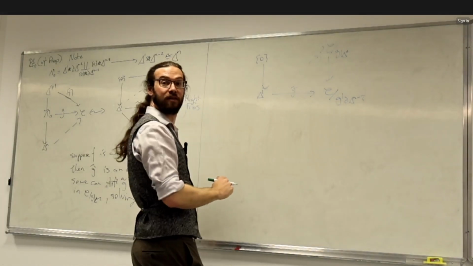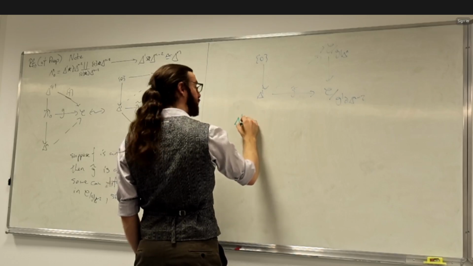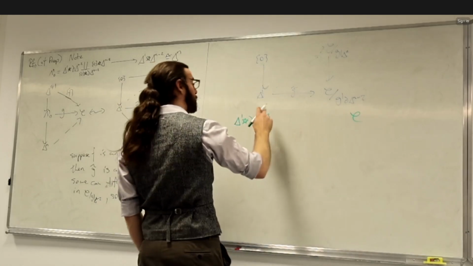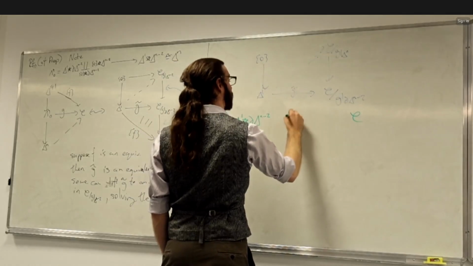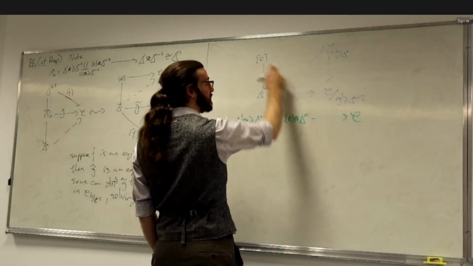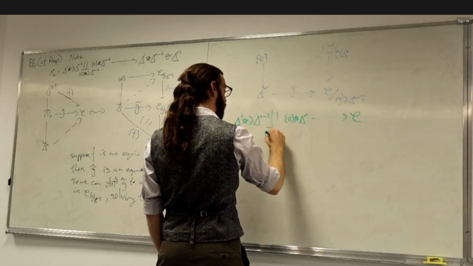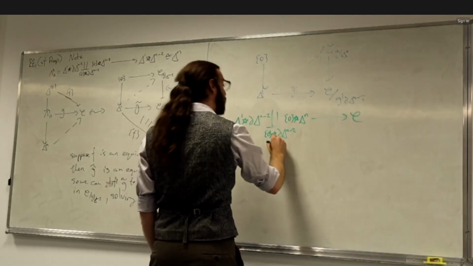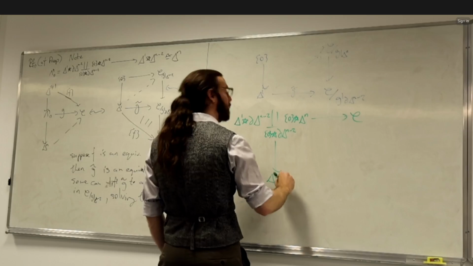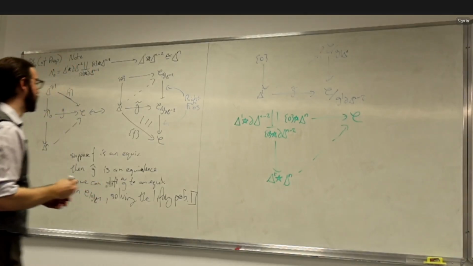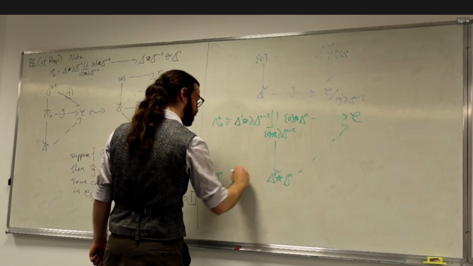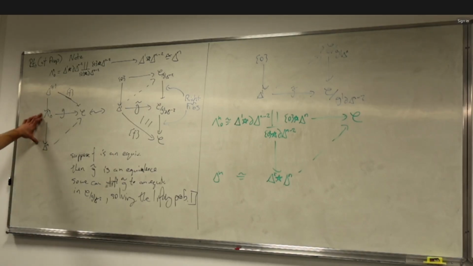A map from here to here is the same thing as a map from delta 1 join boundary delta n minus 2 to C. A map from here to here is the same thing as a map from 0 join delta n to C. And then the fact that this diagram commutes means that they agree as maps from delta naught join boundary delta n minus 2 to C. And the solution is going to be a map from delta 1 join delta n to C. And so this bottom part of our lifting problem is precisely this bit.